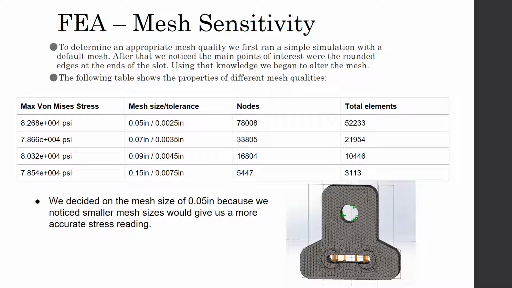We decided on the mesh of 0.05 because it was a fine mesh, but it was easy enough to work with. We also tried changing the mesh around the areas of interest, which again were the edges and the inside of the circular slot.